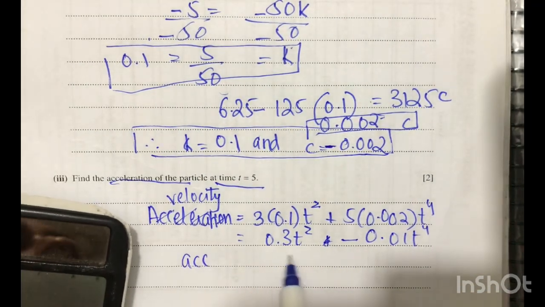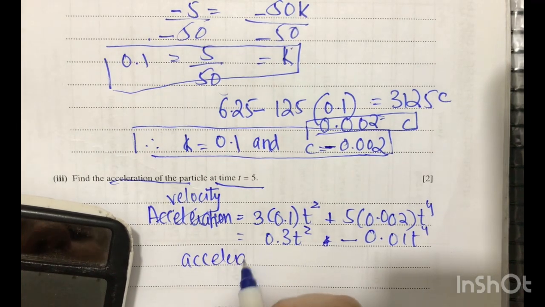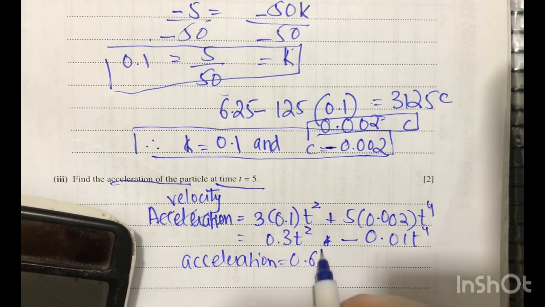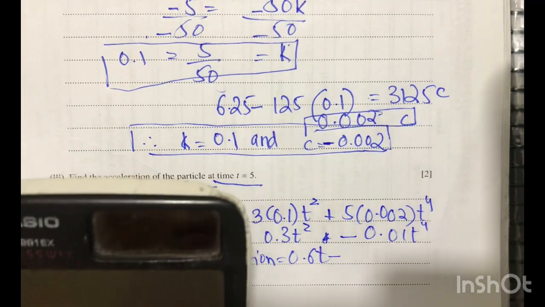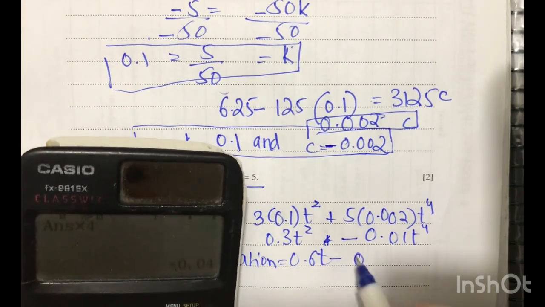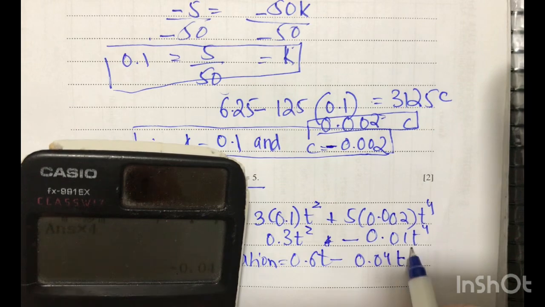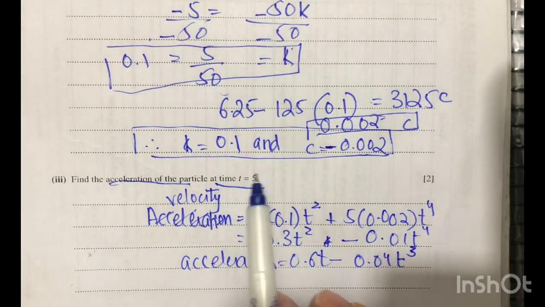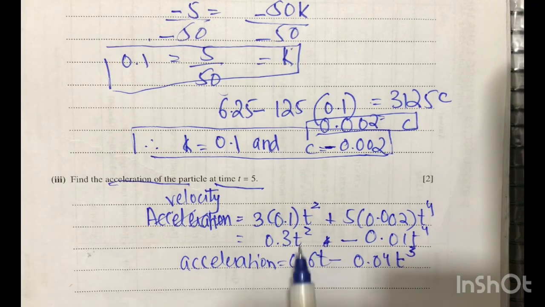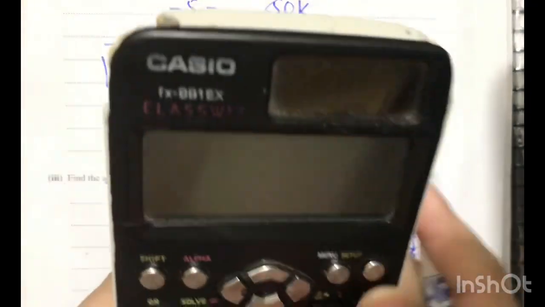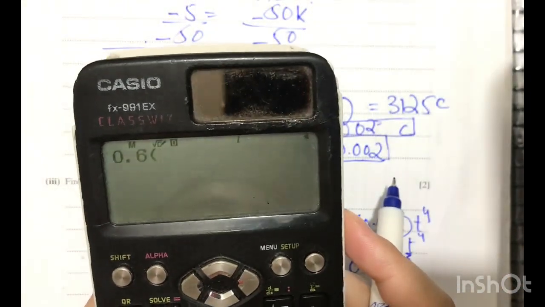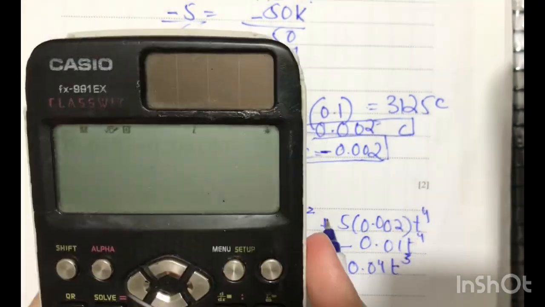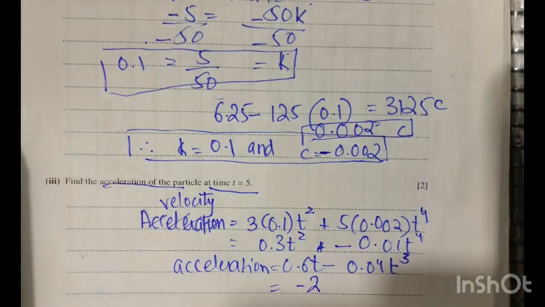When we differentiate this, acceleration will become 0.6 t minus 0.04 t cubed, and we substitute 5 in place of t, and we get 0.6 times 5 minus 0.04 times 5 cubed, which is minus 2.